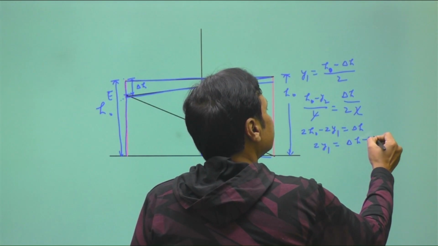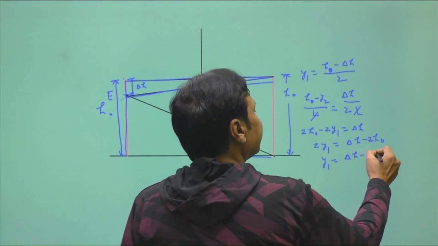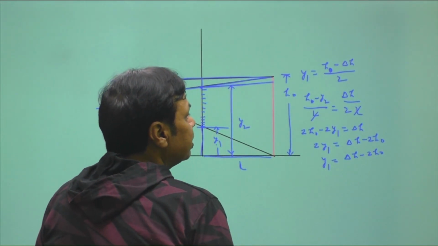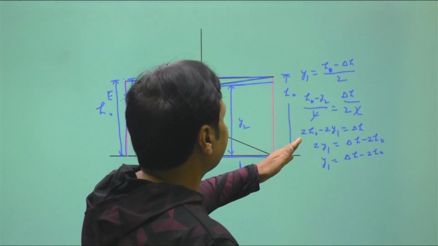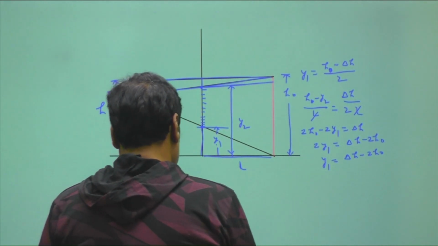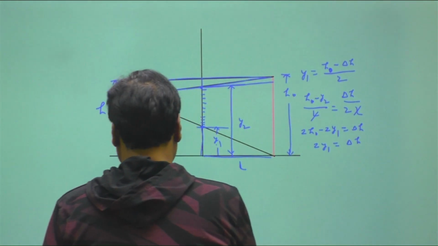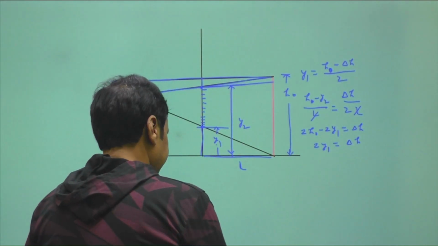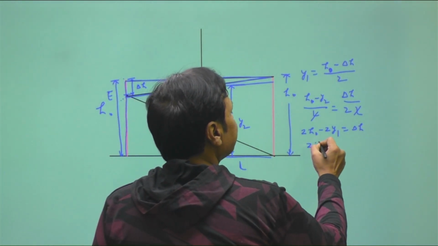That means 2y2 equals 2h0 minus delta h, and that means y2 equals h0 minus delta h by 2. Oh no, I made a mistake here. Sorry.